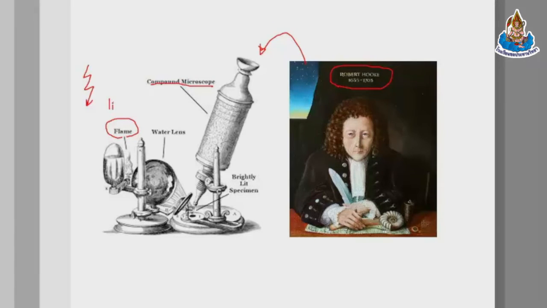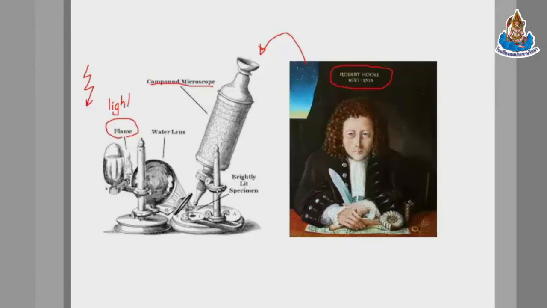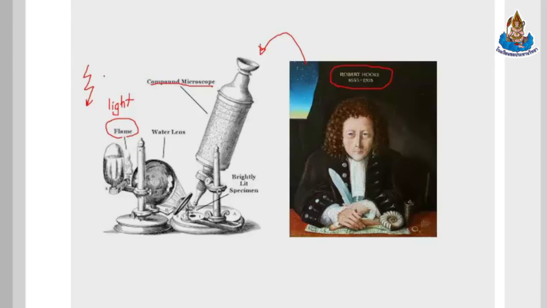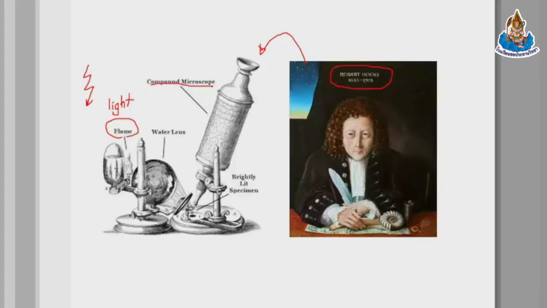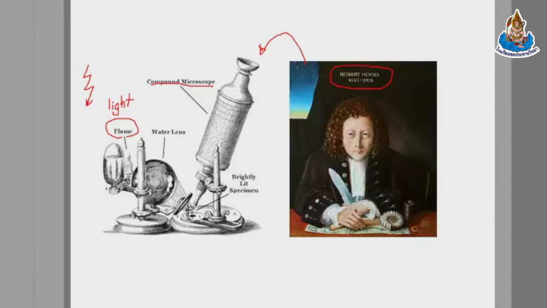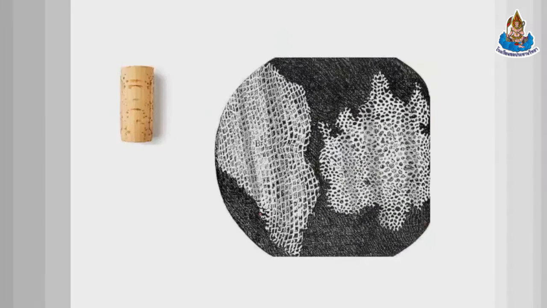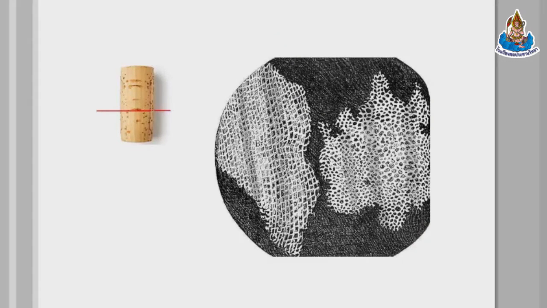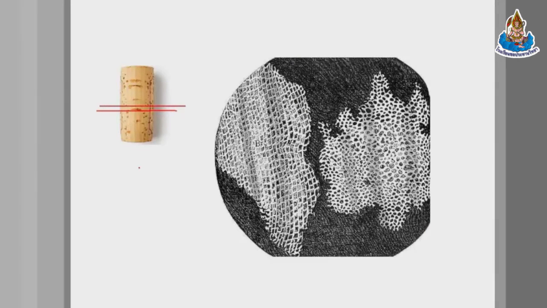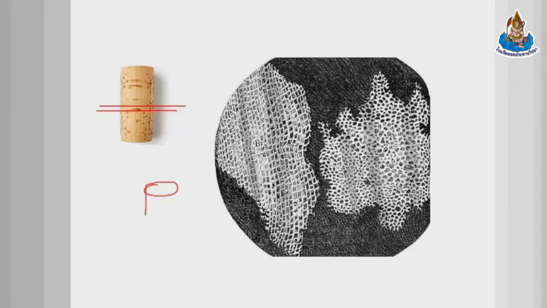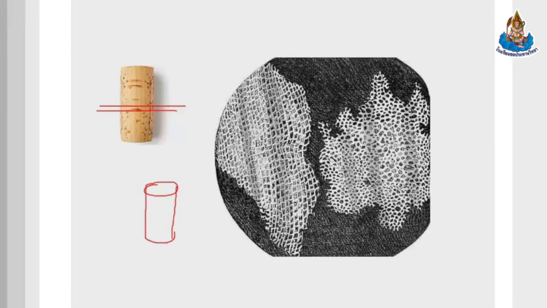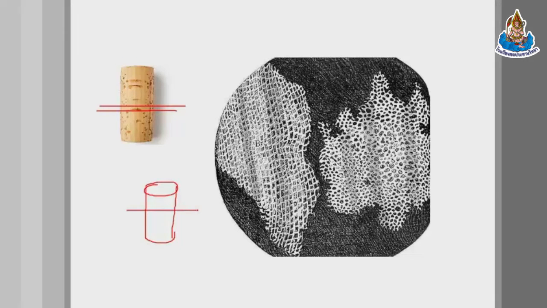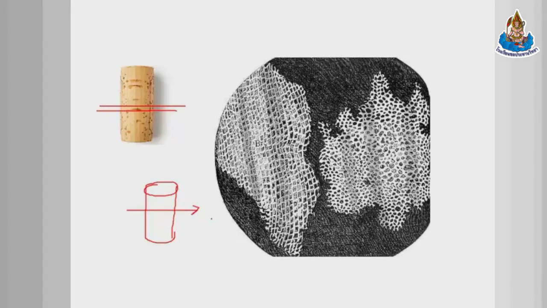He invented this microscope and then he sliced cork into thin slices and looked at them through his microscope. He sliced the cork in two ways. This way, he would get a circle section from the cork, and this way, he gets a rectangle section of cork.